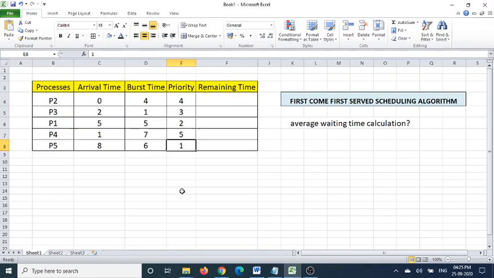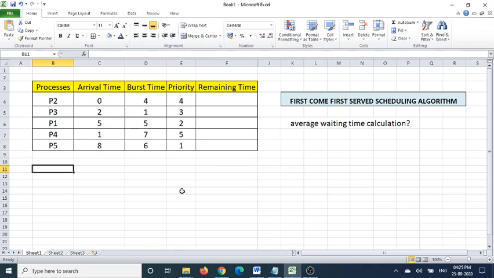We can use priority, burst time, or many other policies as per the need. But we can go with the priority if there is a tie in arrival time. First come, first served normally refers to arrival time. So whichever process comes into the ready queue first will be given the CPU. So that is how the design is.